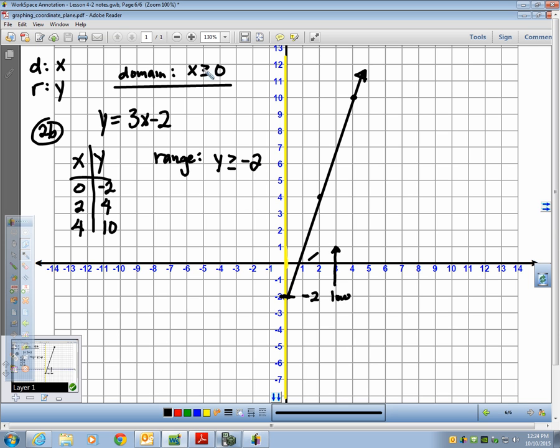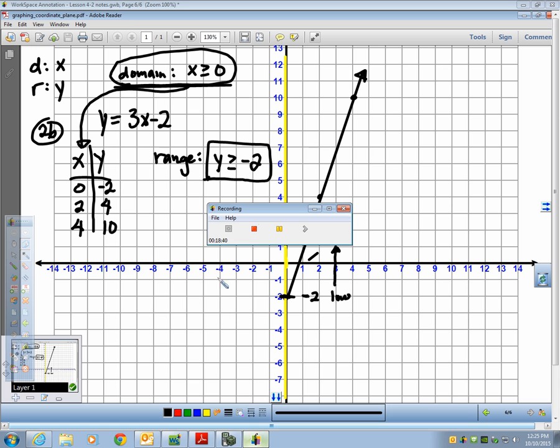So in other words, I can only input numbers that are 0 or bigger, but when my function calculates this out and creates outputs, my outputs will always be -2 or bigger. That's what's happening here. I think I'm going to stop the video here. That covers what I needed to cover.